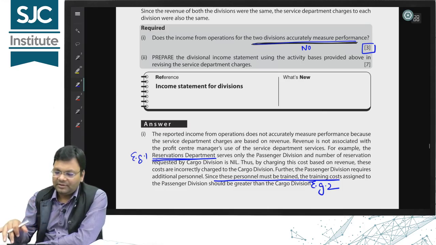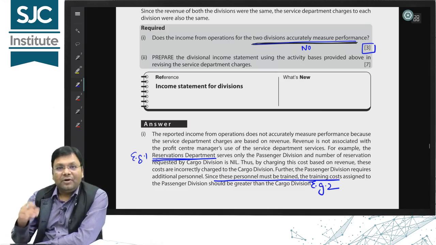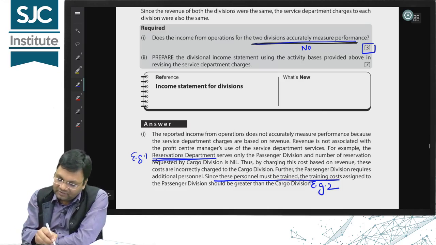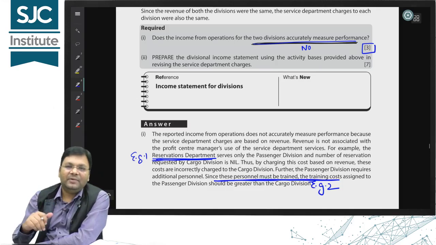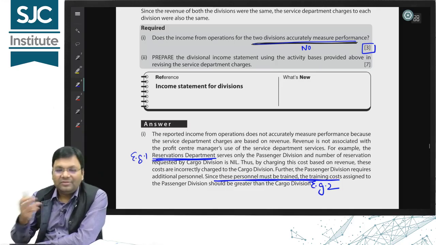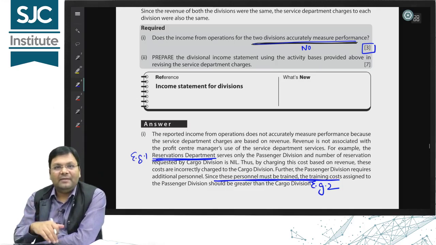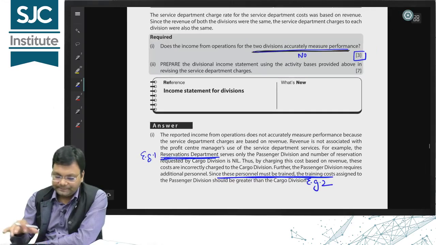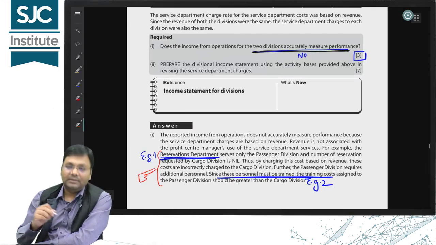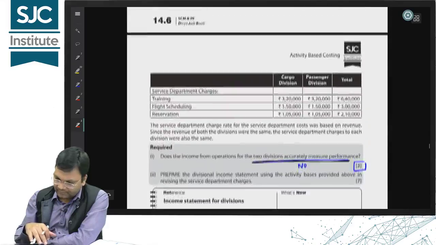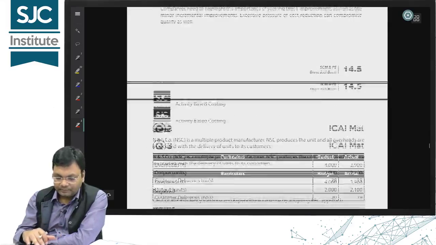In order to write the comment for 3 marks, you have to cite some example. In the exam you may cite just 1 example, it's not necessary to cite all the examples, but at least 1 example should be there. So this is a new way of writing which you should focus on. You should read it once. This is a very easy question.